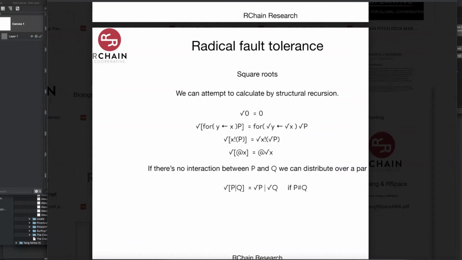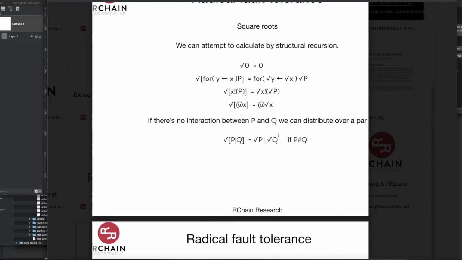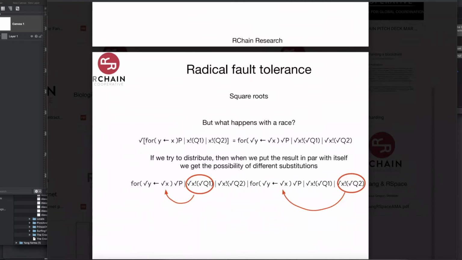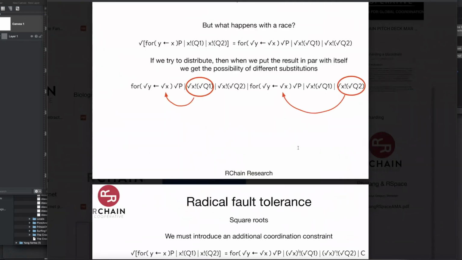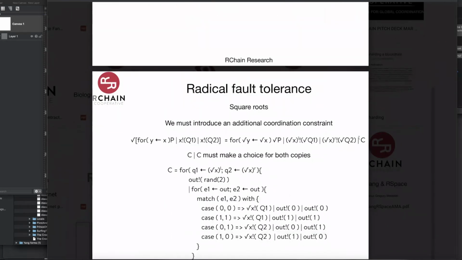If you hand me a smart contract that is essentially a for comprehension, I'm going to hand you back this for comprehension. If you hand me an output, I'm going to hand you back this, and so on and so forth, right? If you hand me a race, I'm going to hand you back this kind of decorated smart contract, right? And that's what Casper is doing.